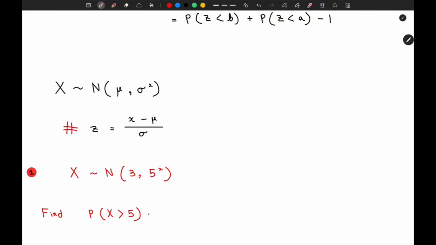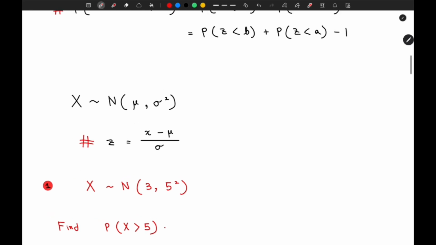The formula is z equals x minus the mean divided by the standard deviation. And if a variable is normally distributed, you can write it like this: x is normally distributed across the mean and the variance. Or you can just write it as standard deviation squared.